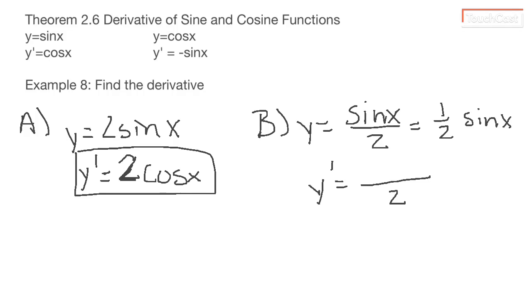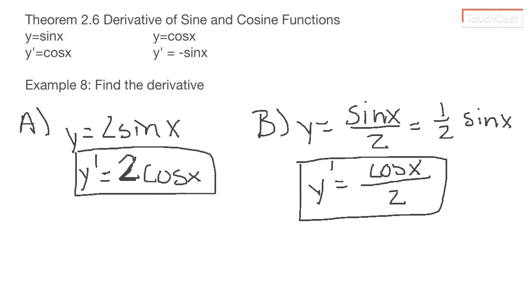So that's going to come through. So we just have to find the derivative of sine x, which is cosine x. So the derivative of sine x over 2 is cosine x over 2. And we're done with that one. Let's look at 2 more.